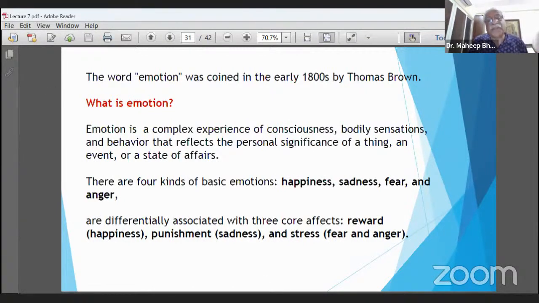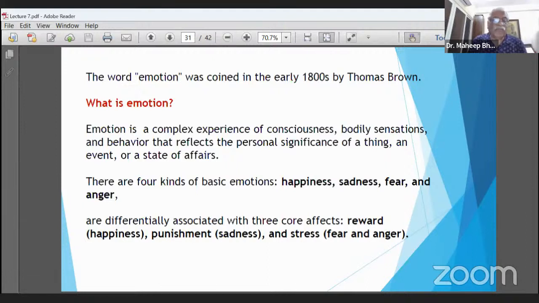There are four kinds of basic emotions: happiness, sadness, fear, and anger. And these four kinds of basic emotions are basically associated with three core effects, like reward, which is related to happiness; means if you get a reward, you become happy.